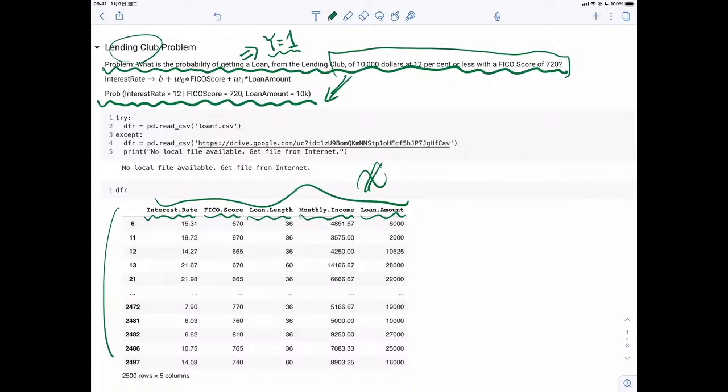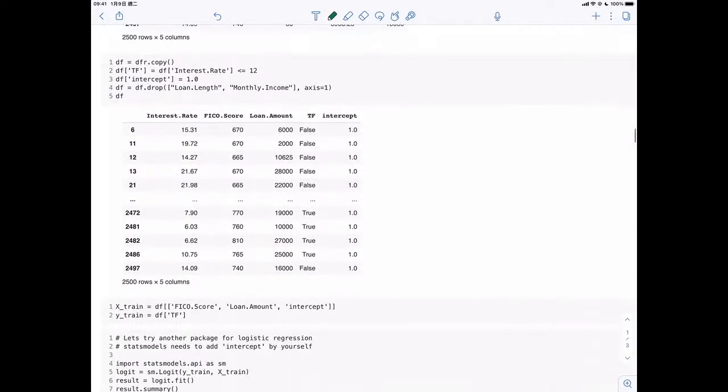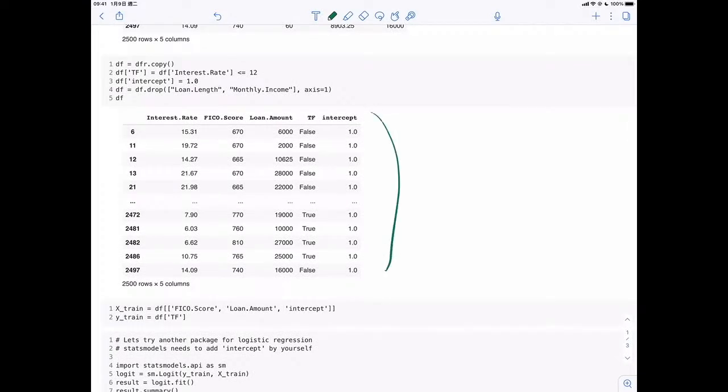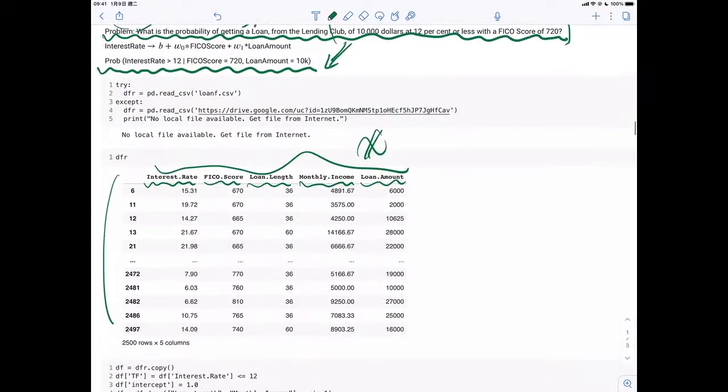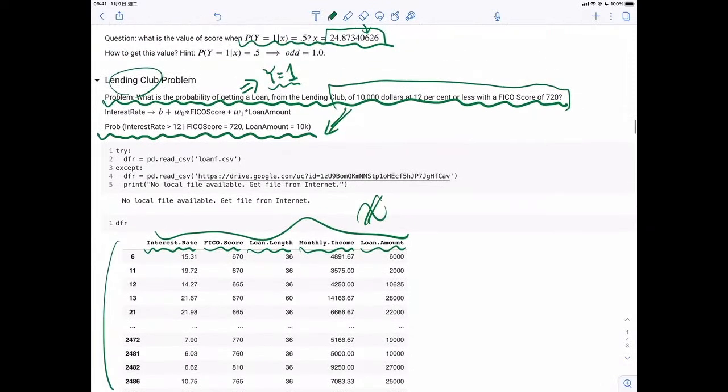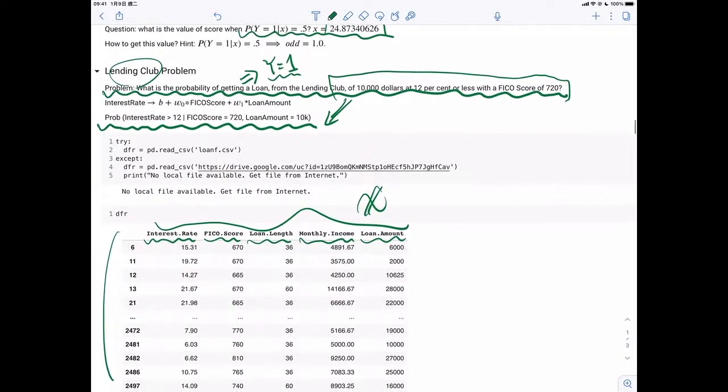So basically, you first have to filter all the information from the original data. You have to select the rows where the interest rate is less than 12, the FICO score is 720, and the loan amount is 10K.